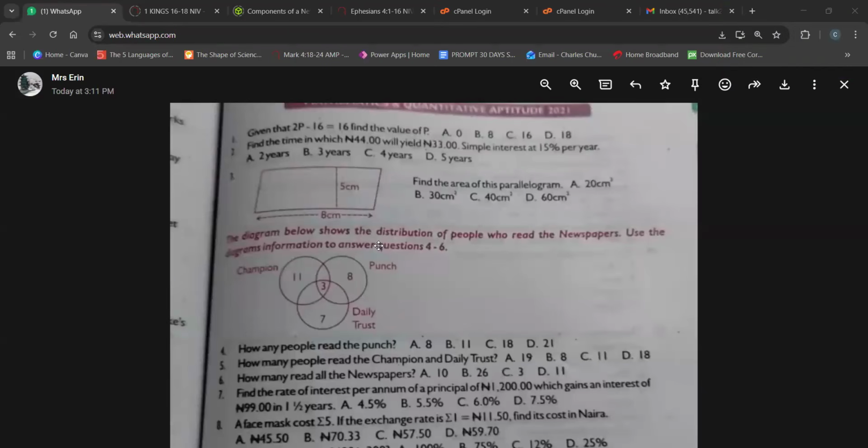Number 2 says find the time in which 44 naira will yield 33 naira at 15% per year.